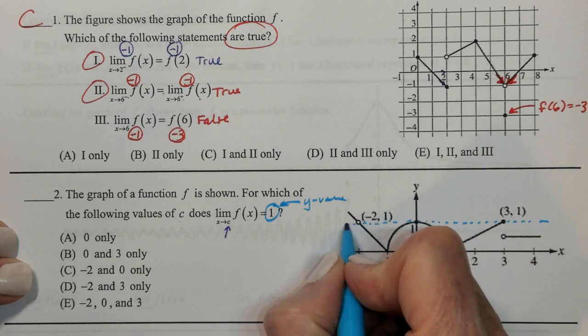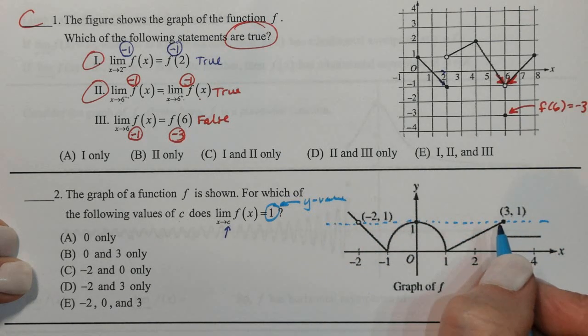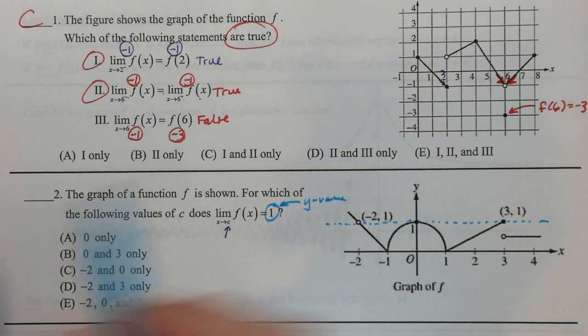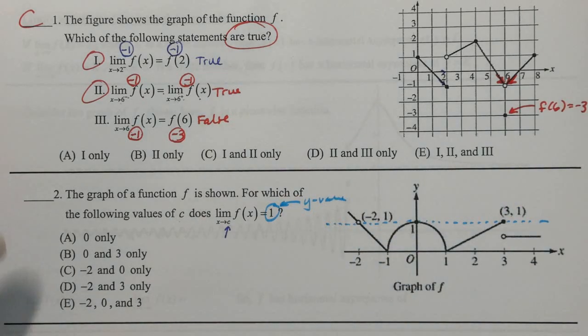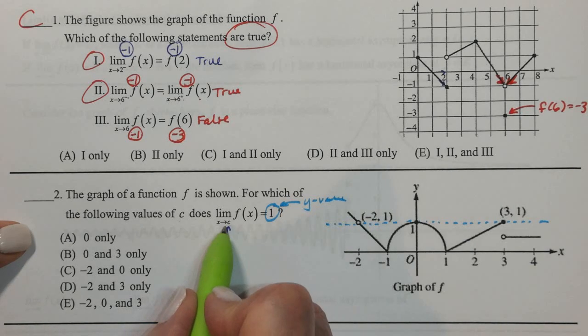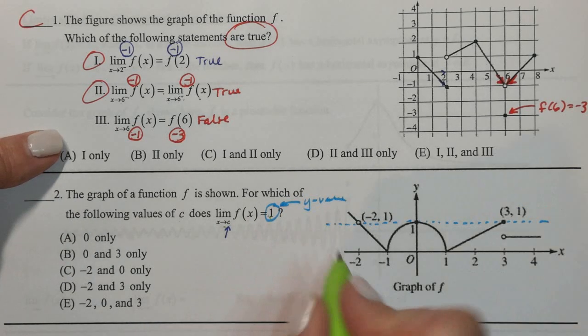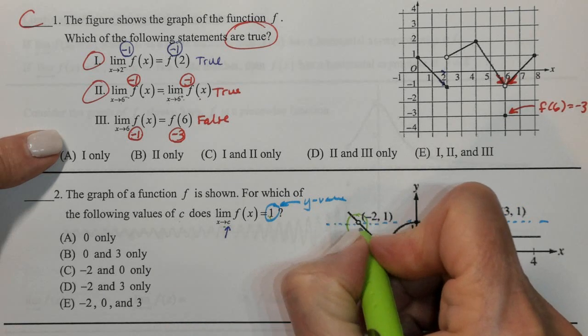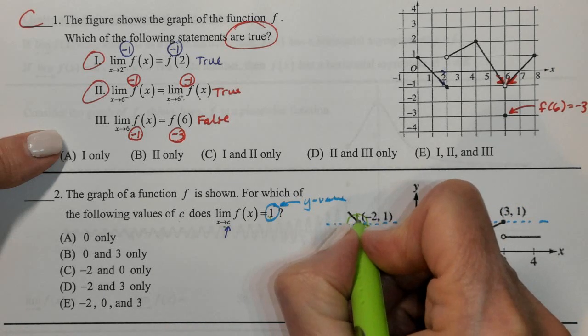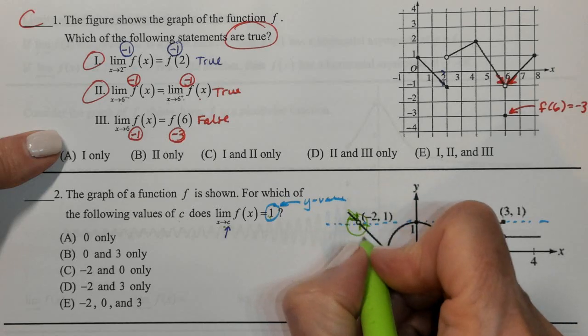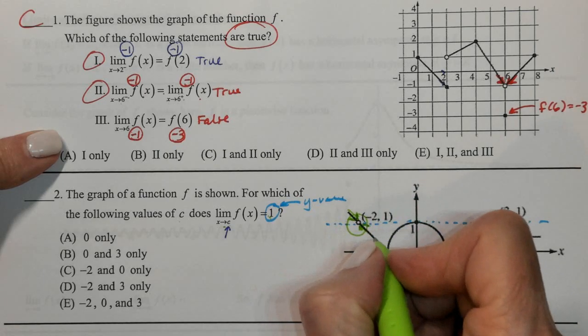And y is 1 right there where I drew that dashed line, right? So where is the limit from the left equal to the limit from the right, and they're both equal to 1? Well, right here, the limit from the left and the limit from the right are both 1.